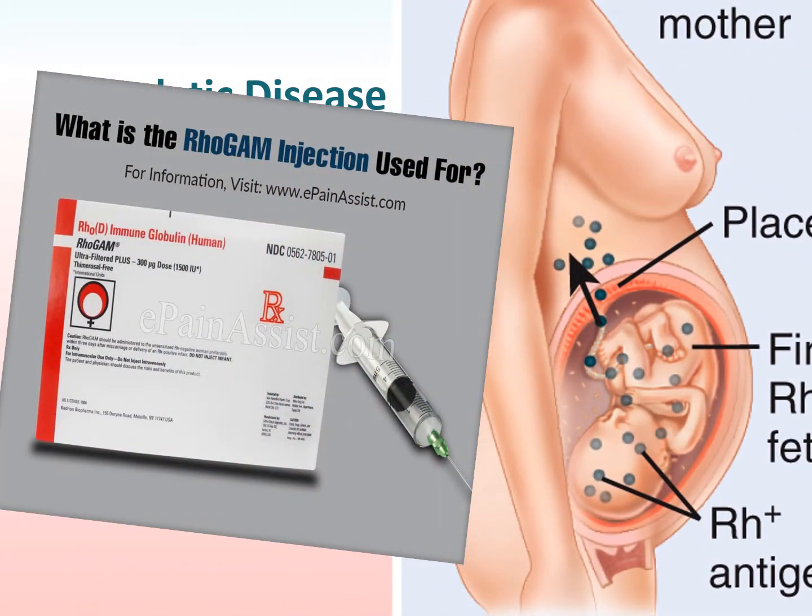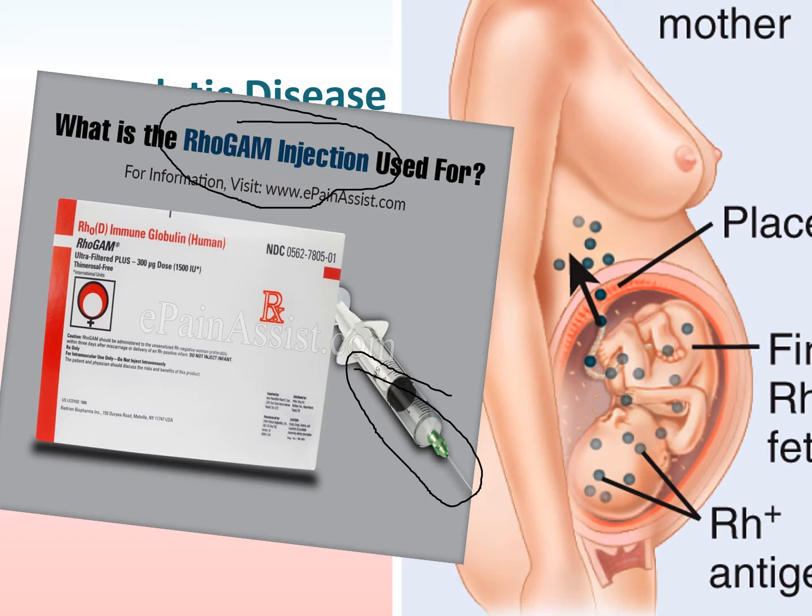And that's why we have RhoGAM injections. These are given after the woman has the baby, and even before she has the baby, they give this injection. And what it does is it causes her immune system to kill or clean out the Rh protein before her immune system has a chance to really react to it.